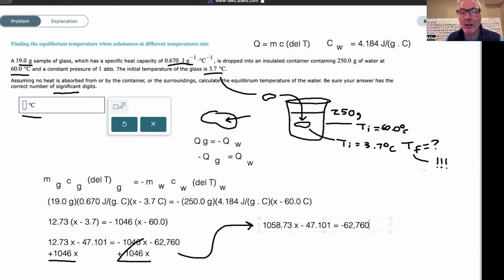Now let's get the negative 47.101 and get rid of that in a hurry. Okay. And what did I do? I know what I did. That should have been a positive 1046. I looked at it and I said, that doesn't make sense. It should be plus.